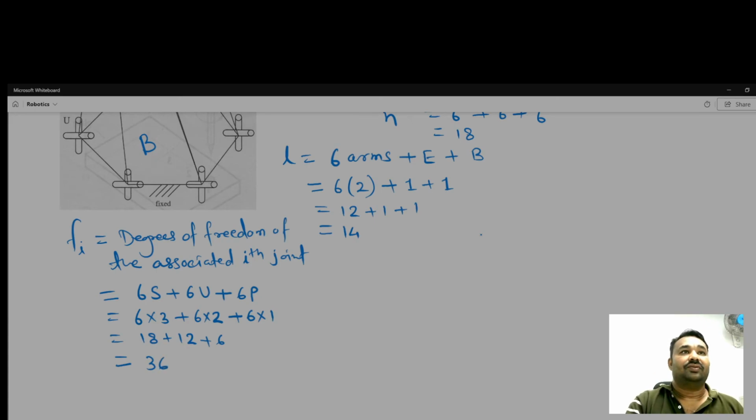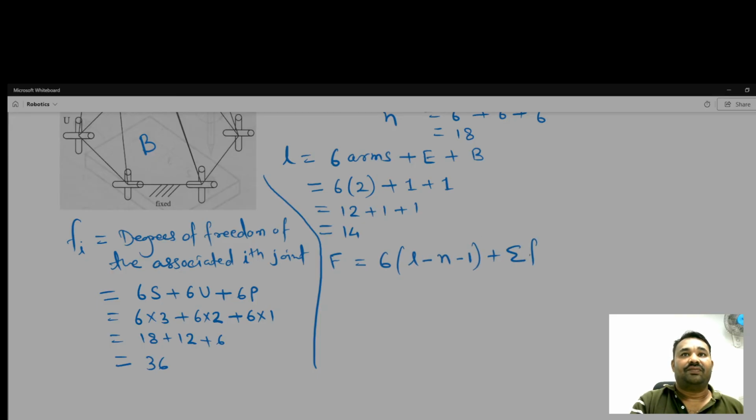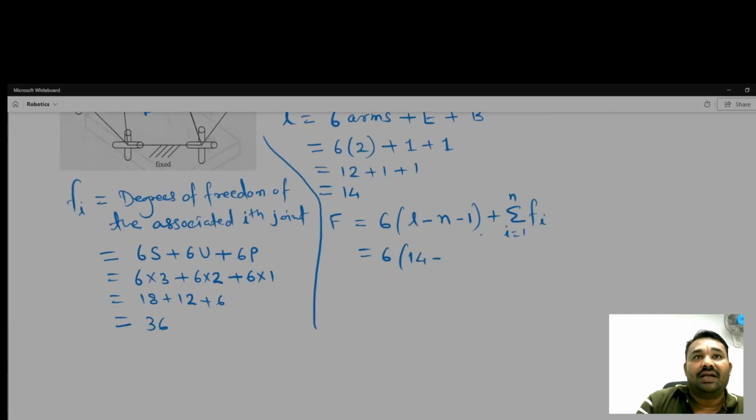Okay, so after that, now we have to find out the degrees of freedom. F is equal to 6 (L minus N minus 1) plus the summation of Fi, with i equal to 1 to N. Now we are going to put all the values here. So 6, and L is equal to 14, and N is equal to 18, minus 1, plus Fi from here, 36.